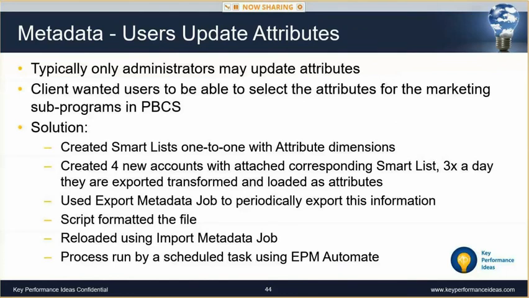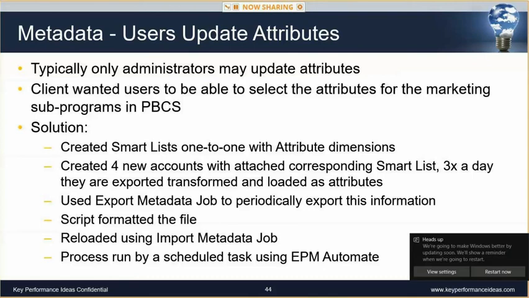Similarly, we had a situation where they wanted the users to be able to update attributes. To solve for this, we created some smart lists which are one-to-one with the attribute dimensions. There were 4 attribute dimensions that were being uploaded, so we created 4 smart lists to correspond to those attributes.